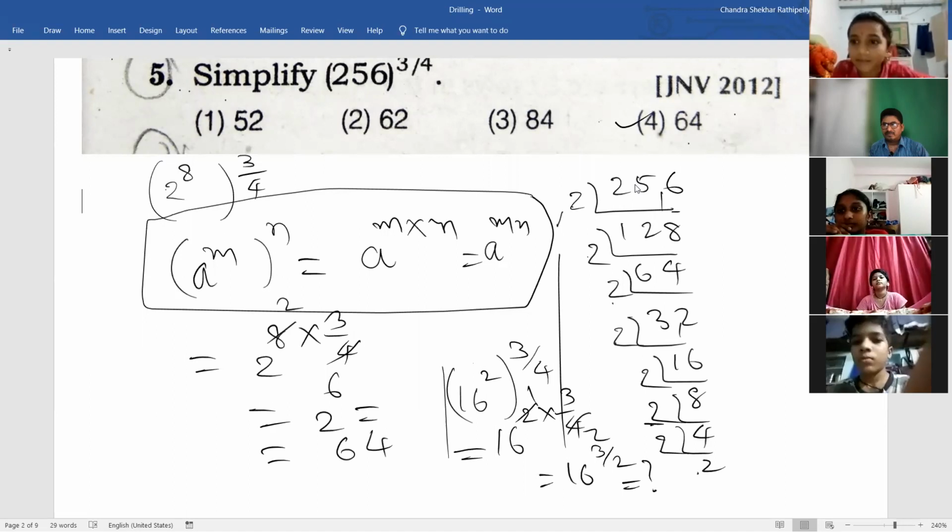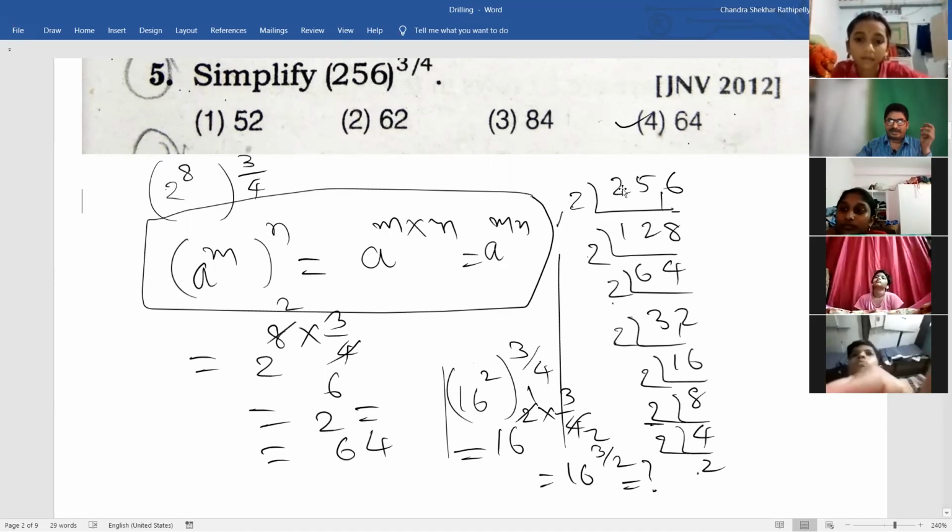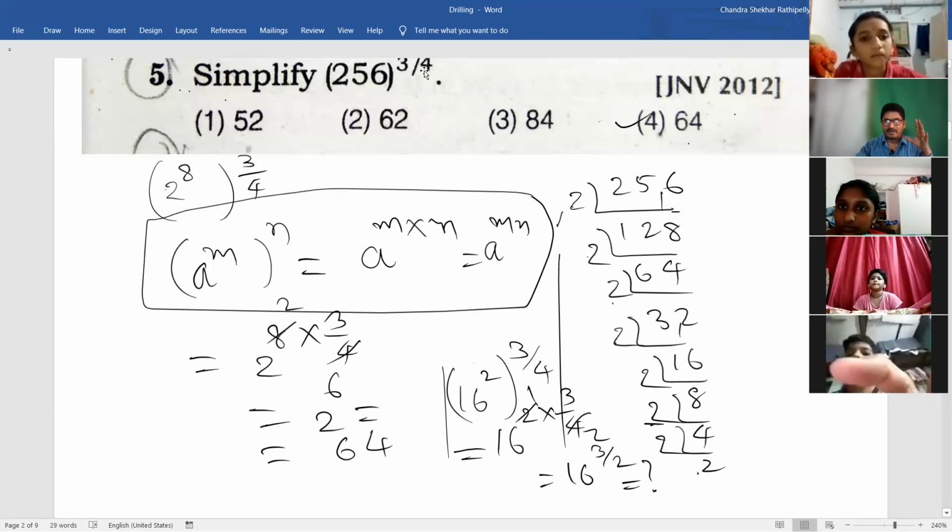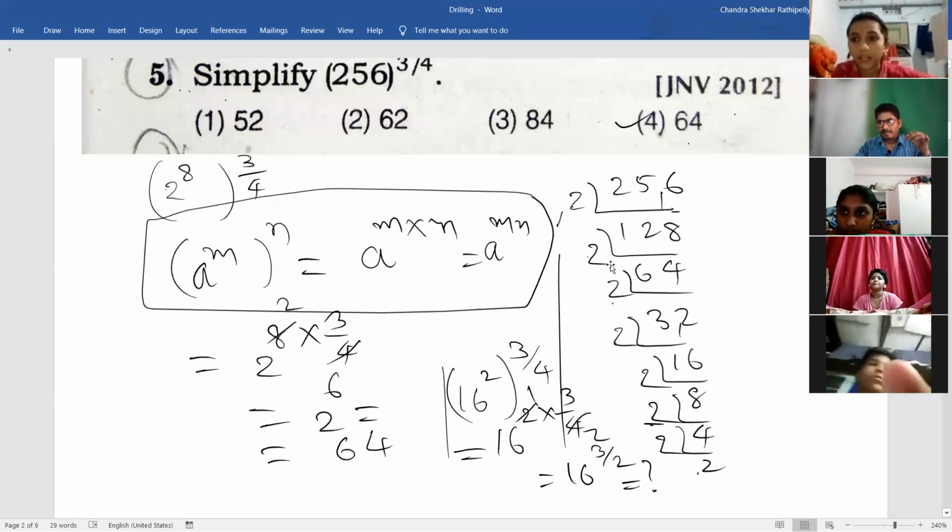Understood? Okay, sir. That's why we have to take this for finding like this. If there is a fraction in the power of any number, in that case, we have to factorize taking small numbers, small primes. Okay?